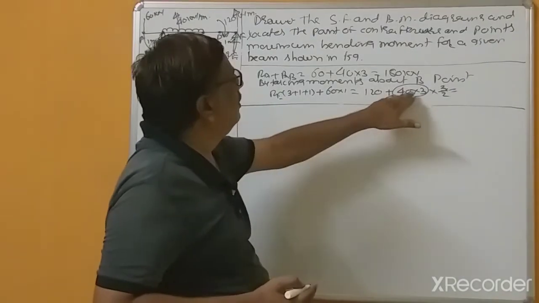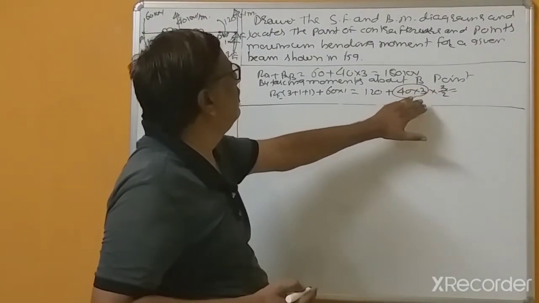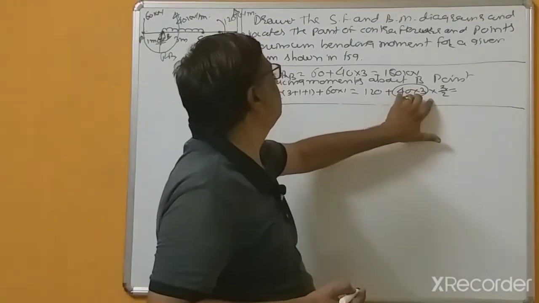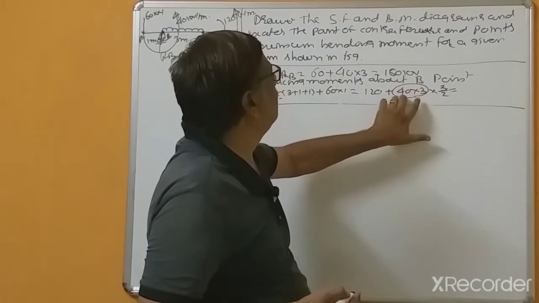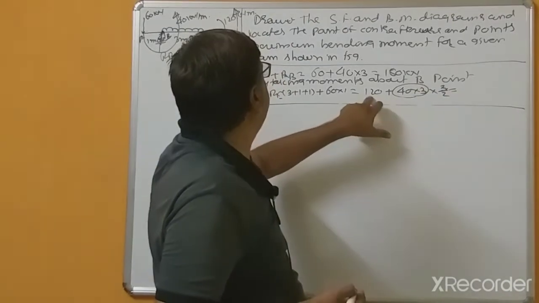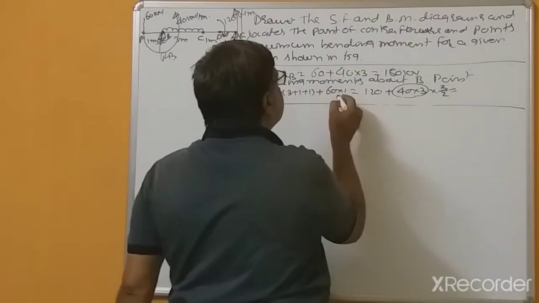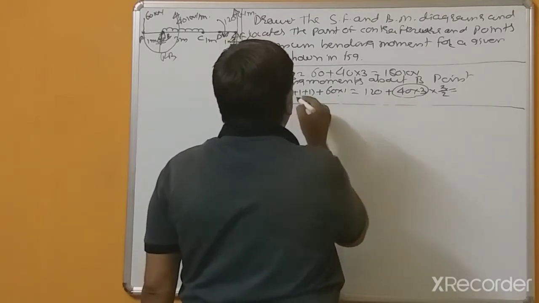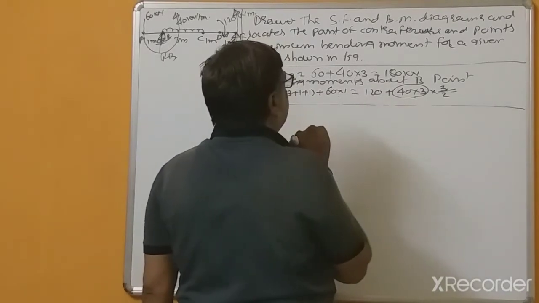This is equal to 120 and 1.5 times 120 means this is 180, so 300 minus 60, 240 divided by 5.